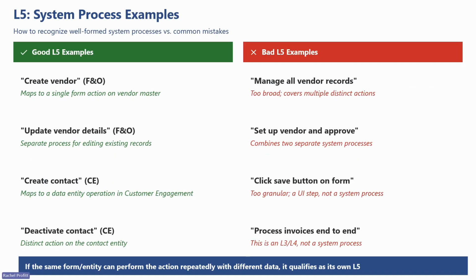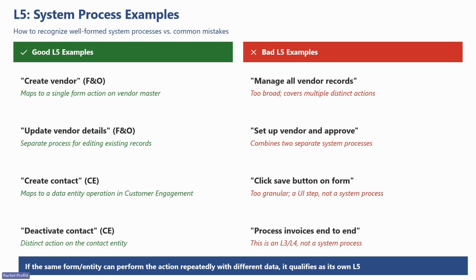So bringing this down into some real life examples. Well-formed system processes are very precise. Each one represents a single distinct action tied to the system. Creating a record and updating a record are separate, even if they act on the same entity. Where sometimes this tends to go off track is with scope. If something is too broad, it's combining multiple actions, it belongs higher.